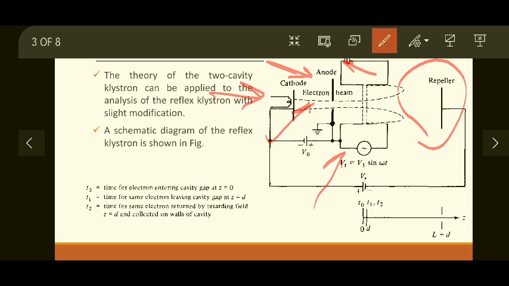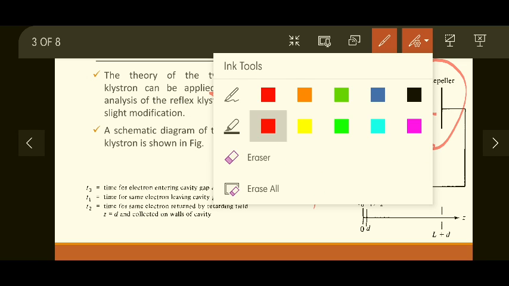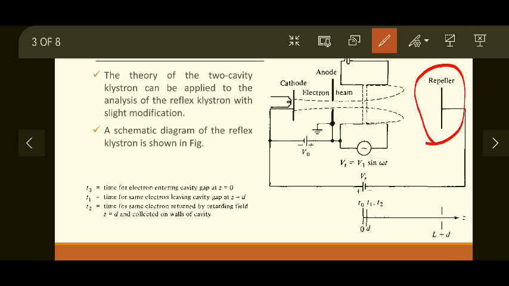So this part was a collector. It means it is used to collect the electron beam or bunched electrons here. Now we don't want to collect it here, but we want to give it as feedback to the input side again. So how to do that? Instead of a collector, we are using a repeller. So the repeller is the change.